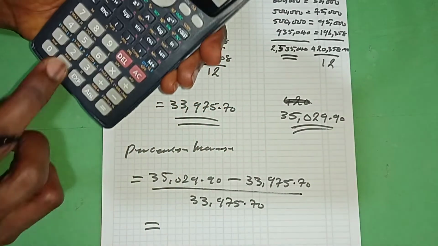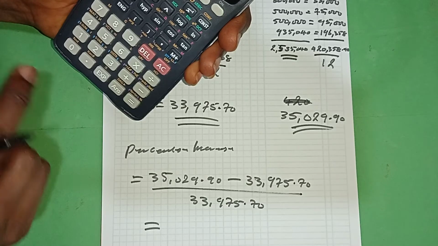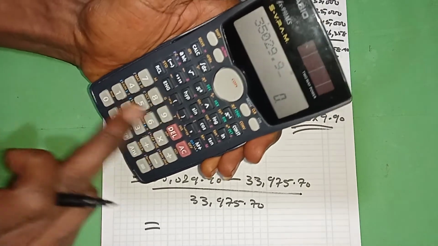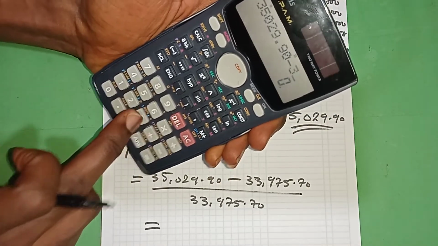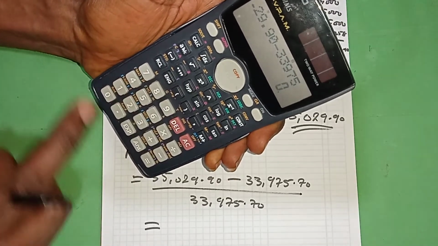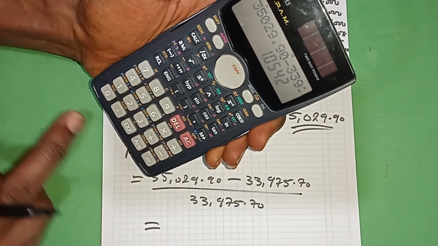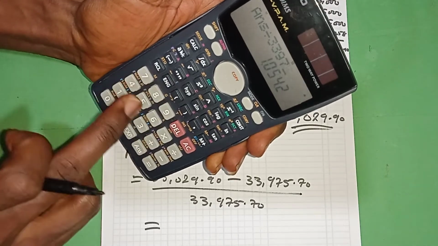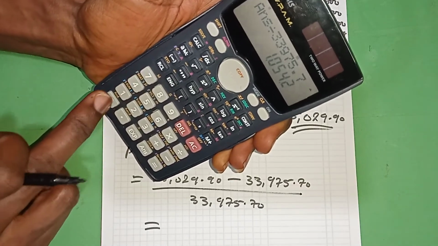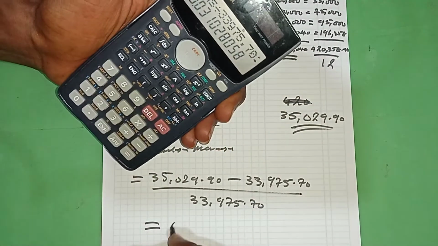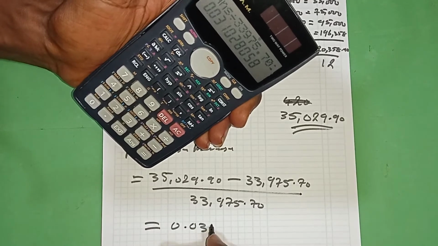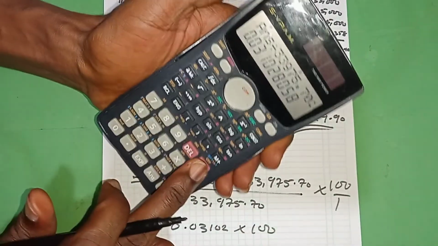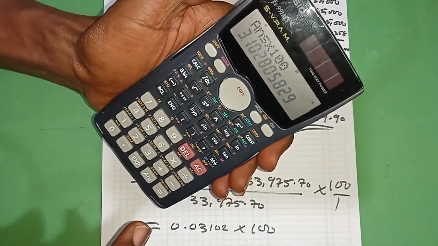Let us add it together. 35029.90 minus 33975.70 equals this, divided by 33975.70 will give you 0.031028, times 100.